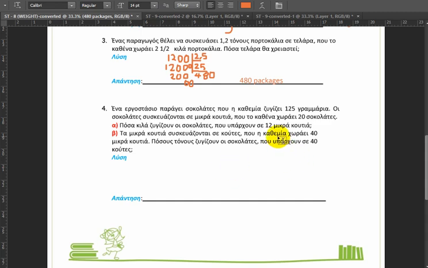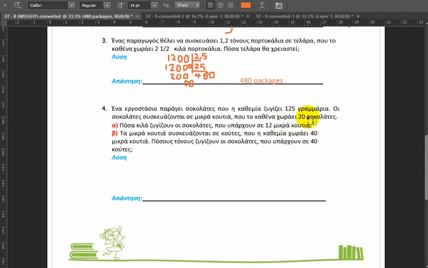So 12 boxes, don't forget, each one takes in 20 chocolates, so I need to do 12 times 20 to find out the total amount of chocolates that are going to fit. And then I need to multiply that by 125 because each chocolate weighs 125.